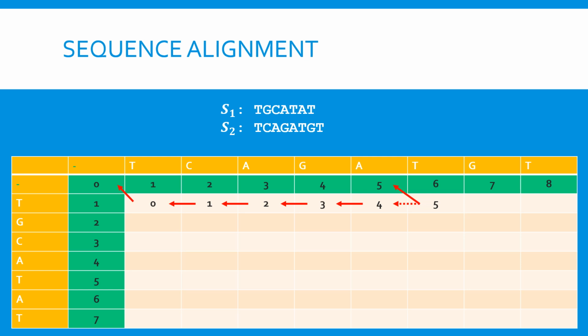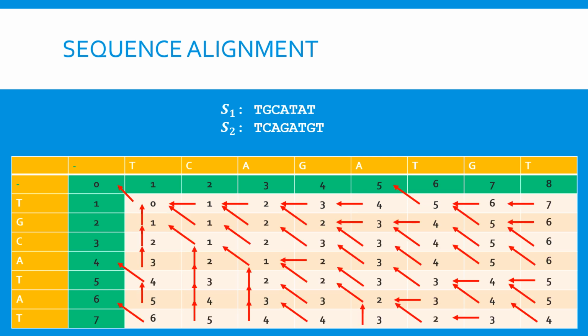Throughout the rest of the table, when ties occur, we only record one of the possible decisions. Following the same procedure, we will complete the entire matrix, as shown in the figure. Afterward, we will perform the traceback to recover the optimal edit operations that result in the minimum edit distance. The recovered optimal edit path is highlighted here.